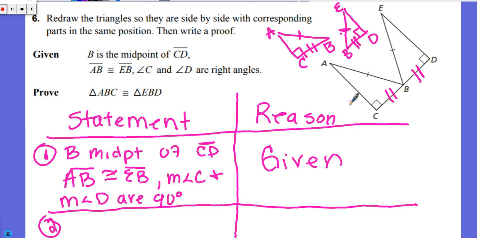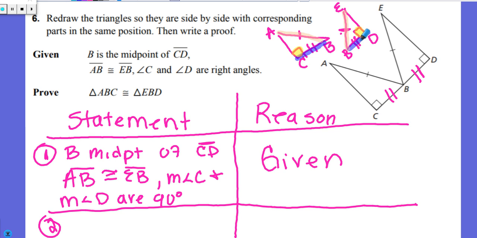All right, so right here, I notice that these are right triangles. So automatically, when they give me right triangles, I'm thinking about hypotenuse leg. So I'm going to highlight the parts to make sure I have a hypotenuse highlighted and a leg highlighted so that I could use this theorem. If I don't have a hypotenuse highlighted and a leg highlighted, then I can't use hypotenuse leg.